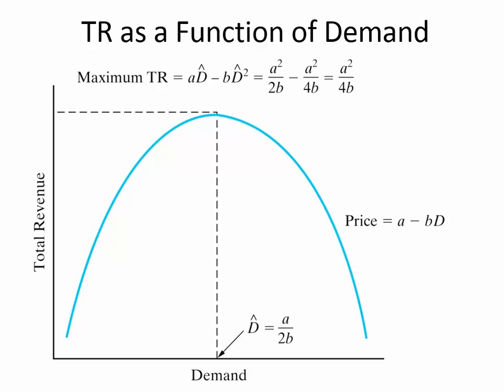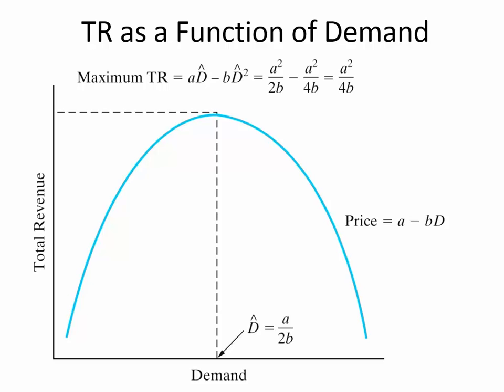You're selling a lot of items, but the way you got to selling a lot of items is you lowered the price so much that now you're not making very much revenue. So you can have low revenue because you have low sales, or because you have low prices.